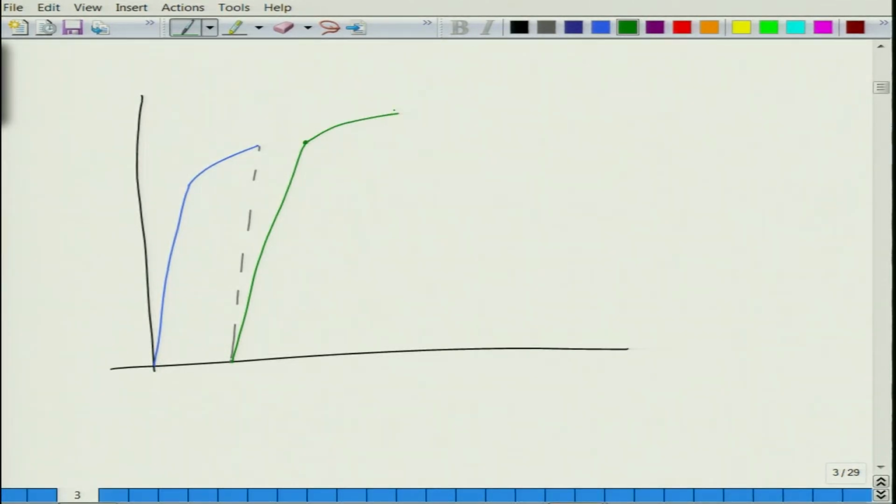So, this is sigma, this is E, so this is the first pass, you come back, recover the elastic strain, and then again you increase the load. Of course, I am not considering the strain rate here, but this is how the yield strength keeps increasing. This is the yield strength to begin with.